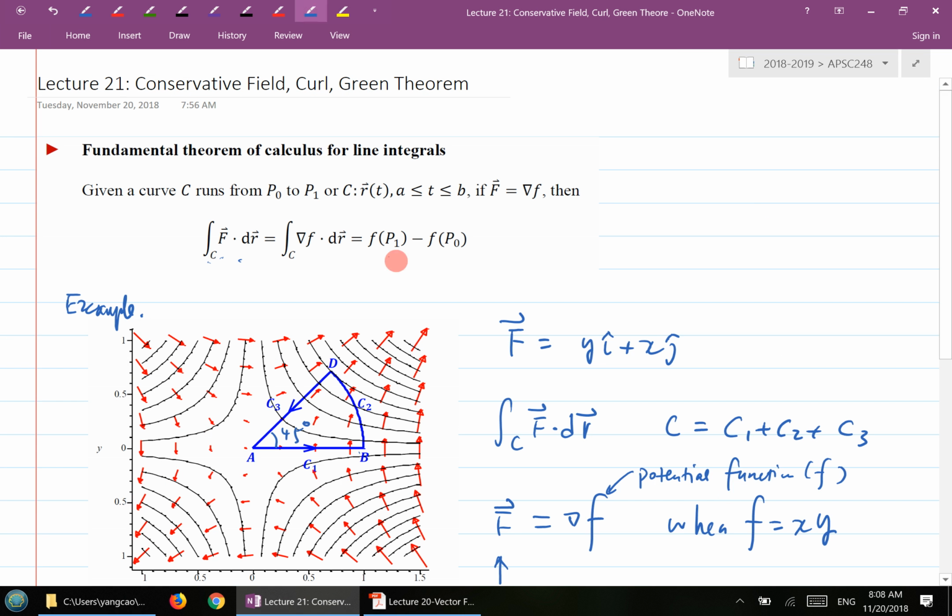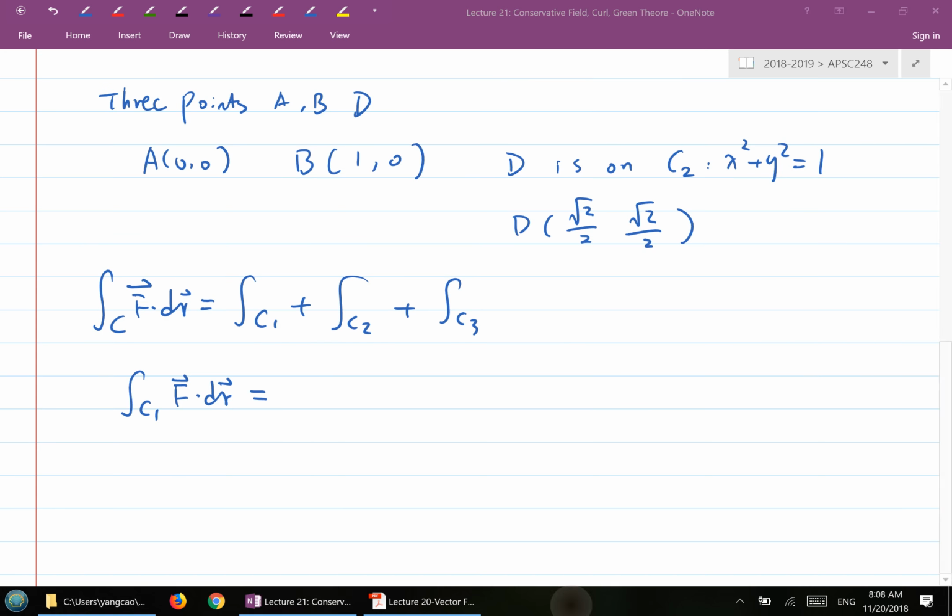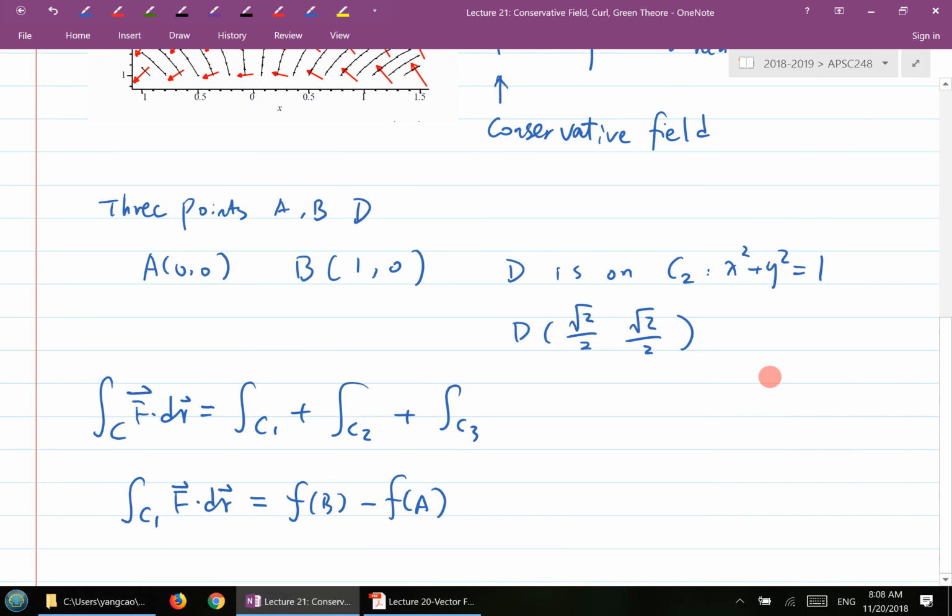According to the theorem, it's the potential function value at the end point, which is B, minus the potential function value at the initial point, which is A here. So that gives us f at B minus f at A. And the f function is x times y, right?